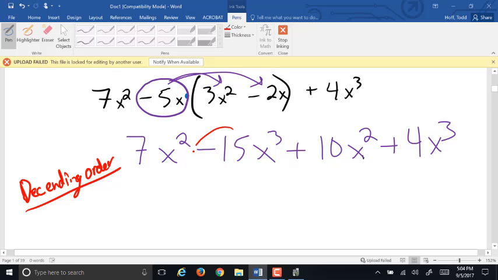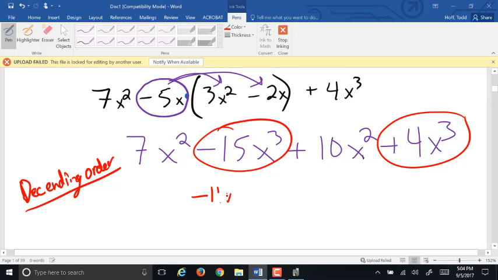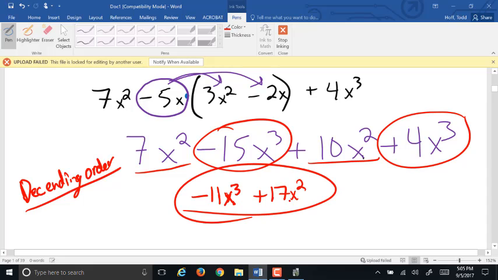So we have the x to the third first. Negative 15 and positive 4 make negative 11x to the third. And then we have the 7x squared and the 10x squared make 17x squared.